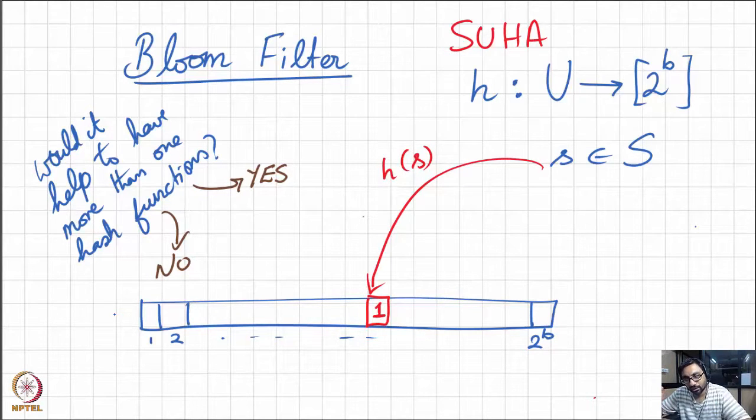So that's a problem. So there is a correct balance between too few hash functions and too many hash functions. So let's try to understand this balance a little bit carefully now.